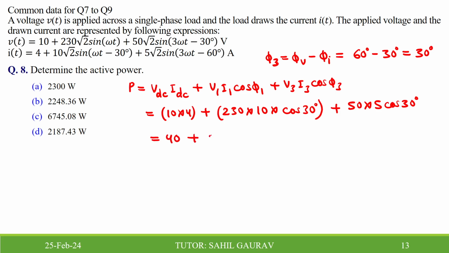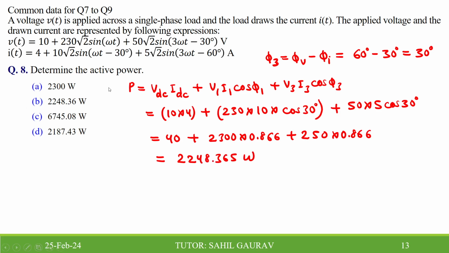So 40 plus 2300 cos 30, which is 0.866, and 250 into 0.866. This will give you 2248.365 watt. So B is the correct answer.